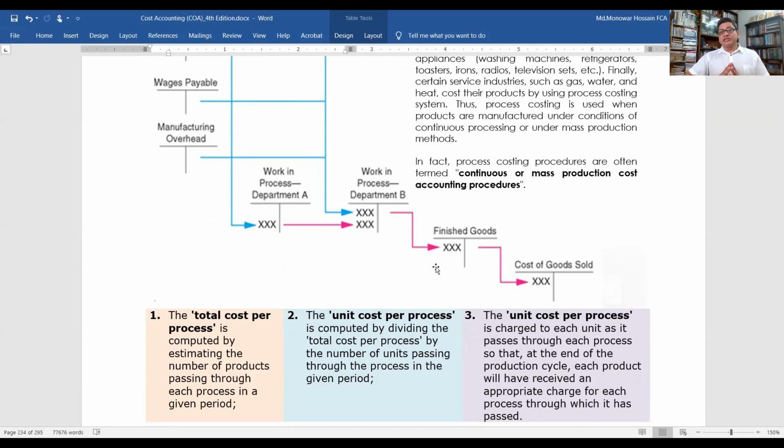The unit cost per process is charged to each unit as it passes through each process, so that at the end of the production cycle, each production will have received an appropriate charge for each process through which it has passed.